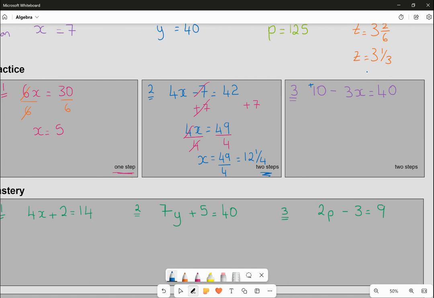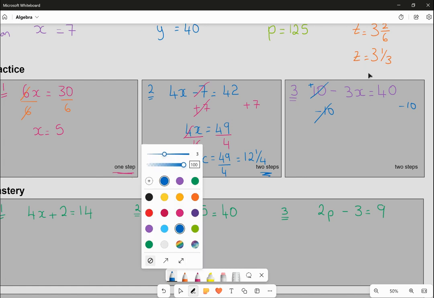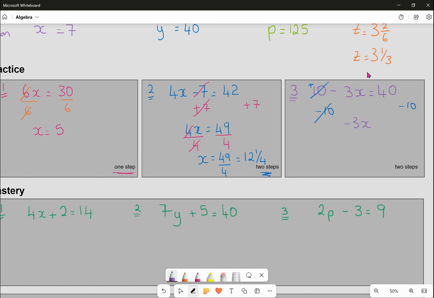So we'll do the opposite. We will take away 10, again, from both sides. 10 take away 10 is 0. So we're left with minus 3x. Remember to keep the minus together with the 3. Is equal to 40 take away 10, which is 30.